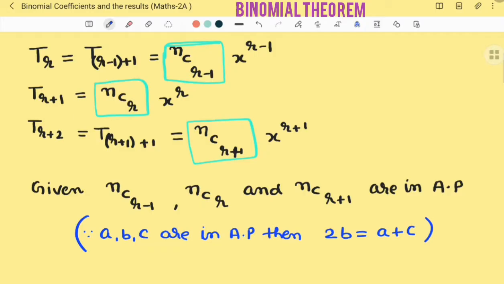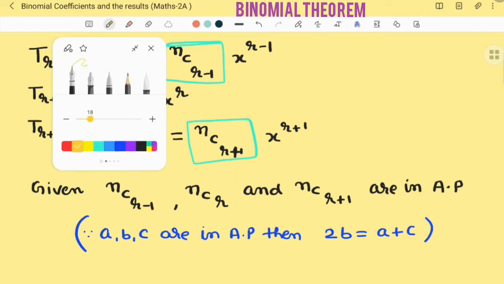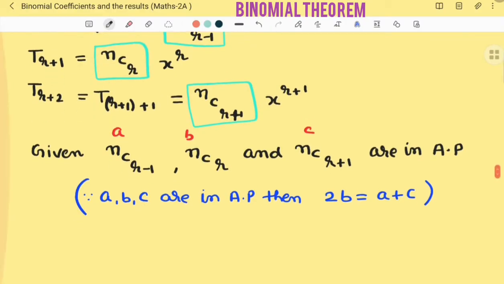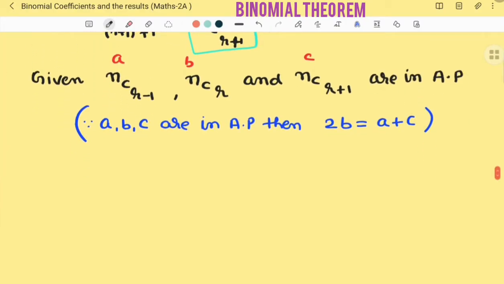By using this formula, this is A, this is B, this is C. For understanding purposes I am writing the A, B, C values. Now substitute in this. In AP, 2b equal to a plus c. 2b means 2 into nCr is equal to a plus c, nC(r minus 1) plus nC(r plus 1).